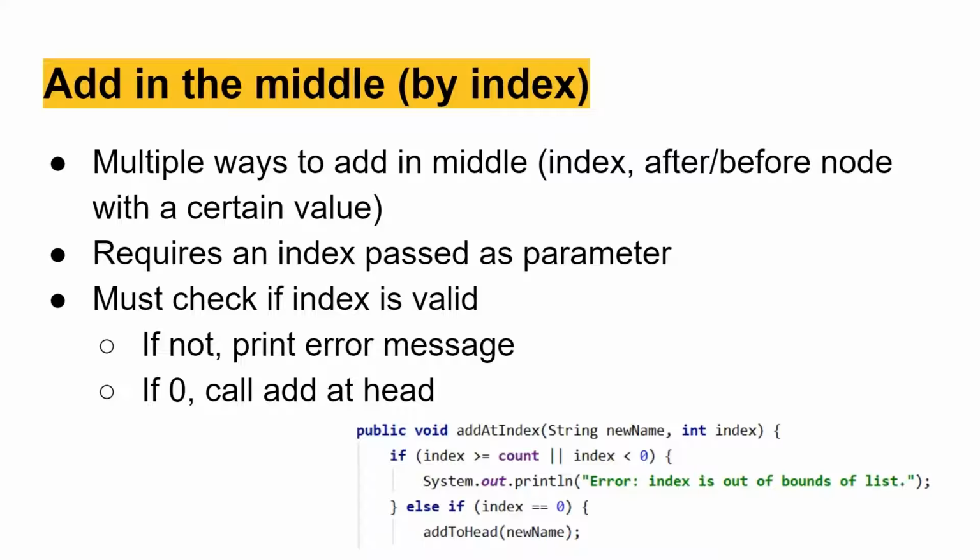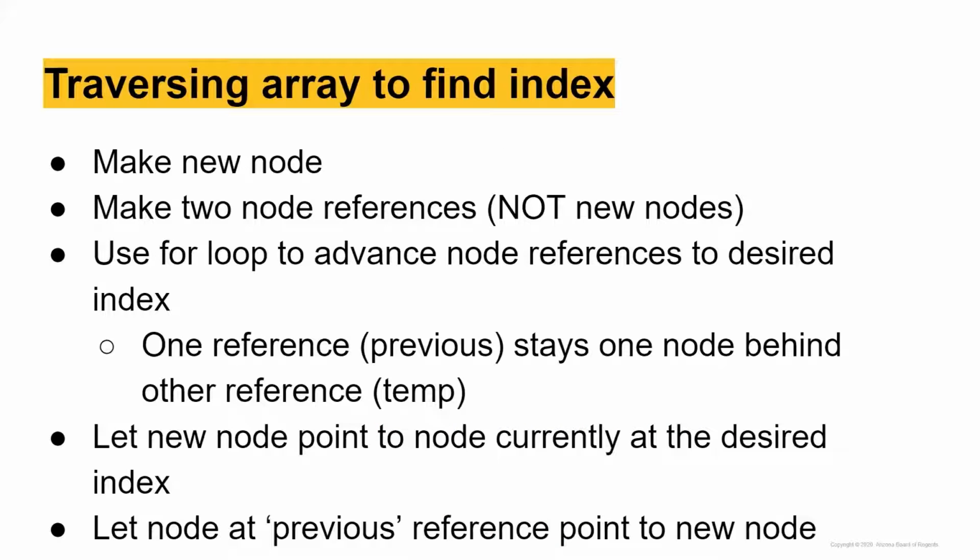So then if we pass that, we are going to check if it's equal to 0. If so, we're going to just call add to head and pass the new name node. Otherwise, we're going to traverse the list to find the index.